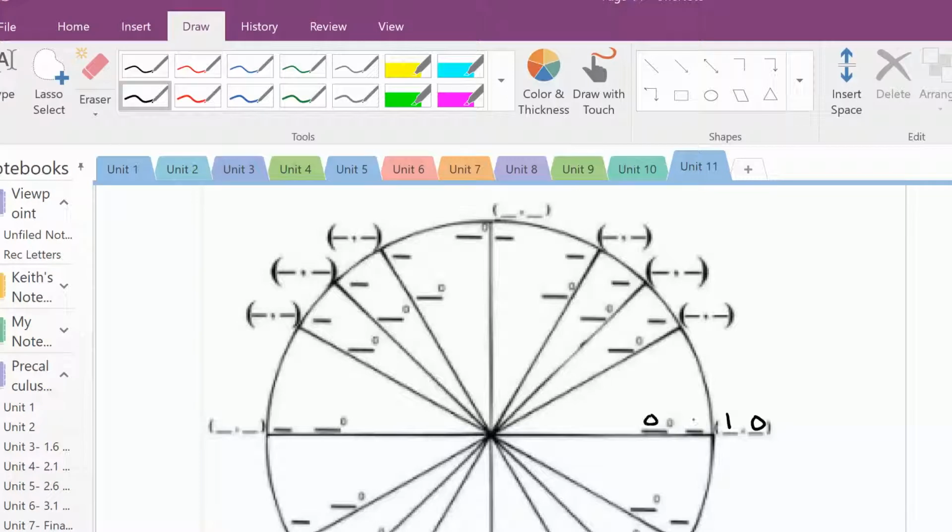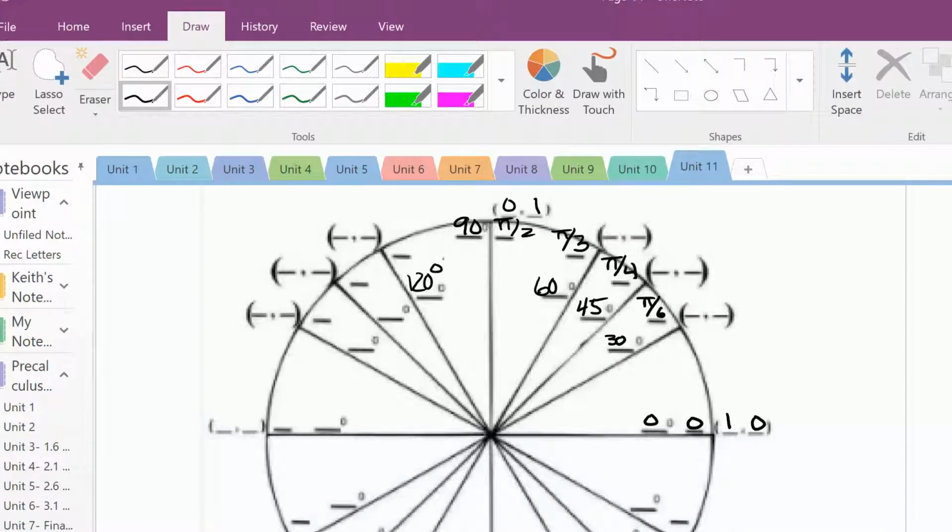And this is 0 degrees and 0 radians. Then 30 degrees, pi over 6 in radians. 45 degrees, pi over 4 in radians. We'll get to the points in a second. 60 degrees, pi over 3 in radians. 90 degrees, pi over 2 in radians. And remember, the point was 0, 1.